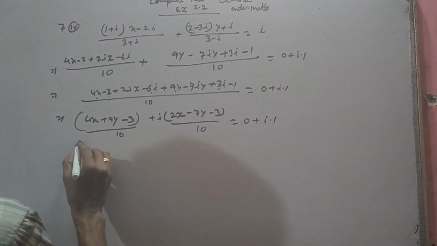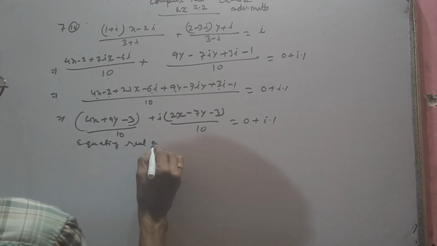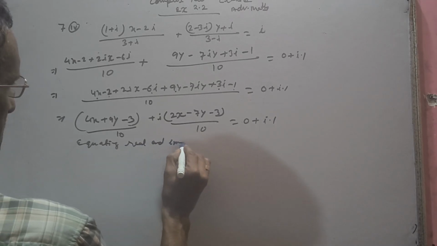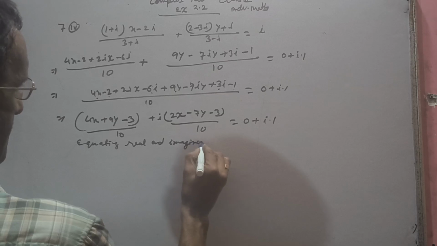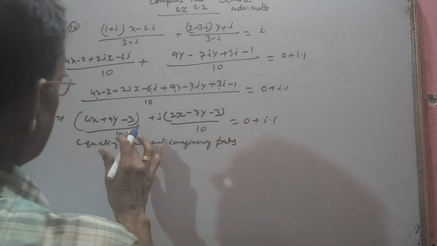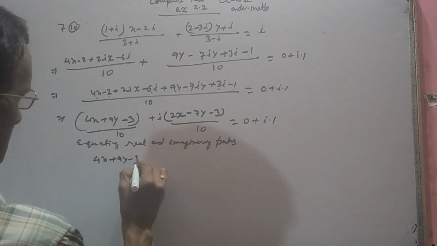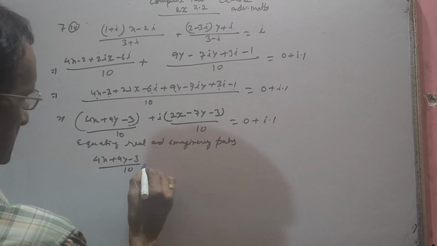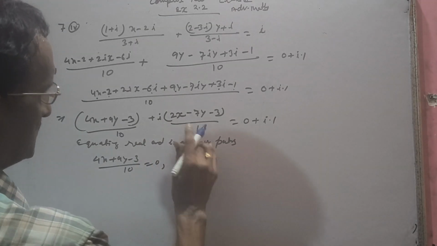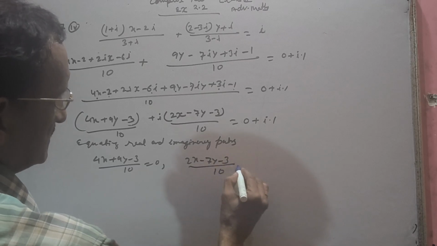Now again we will write, equating real and imaginary parts. The real part: 4x plus 9y minus 3 by 10 equal to 0. The imaginary part: twice x minus 7y minus 3 by 10 is equal to 1.